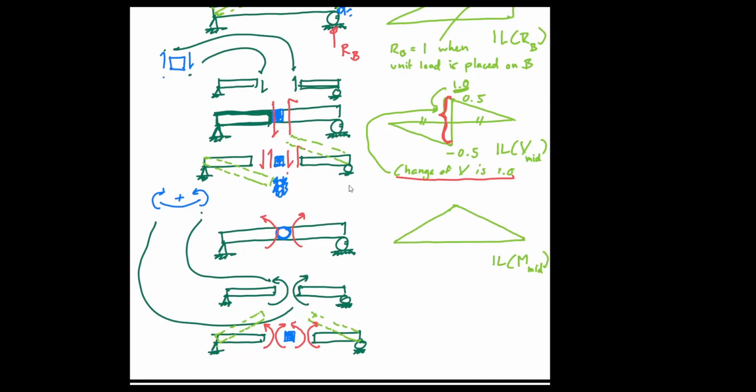Okay, now it's a shape. The question is, what about the magnitude? Now there's no two ways about the calculation of the magnitude of the moment at midspan, except to use your free body diagram. So to obtain the value, apply the unit load to calculate moment.